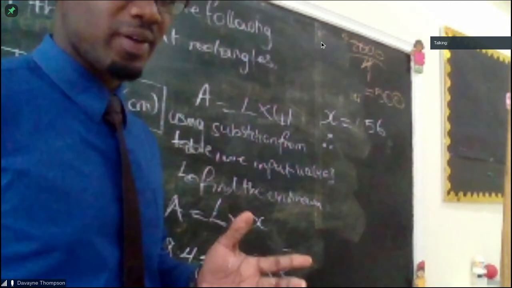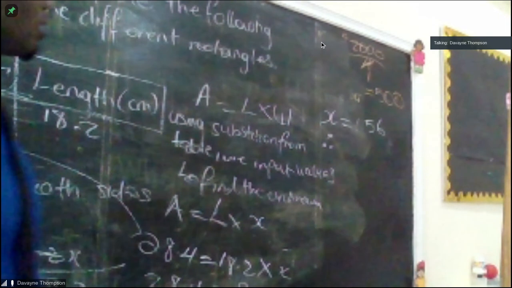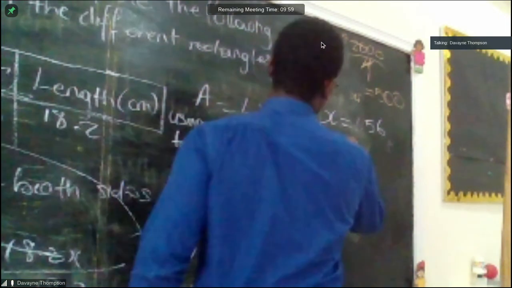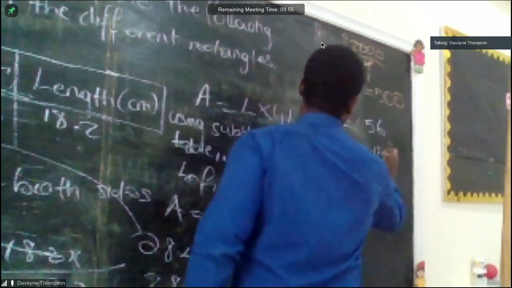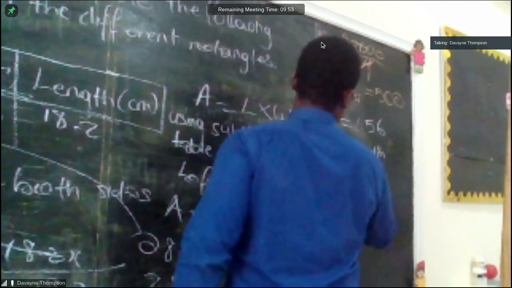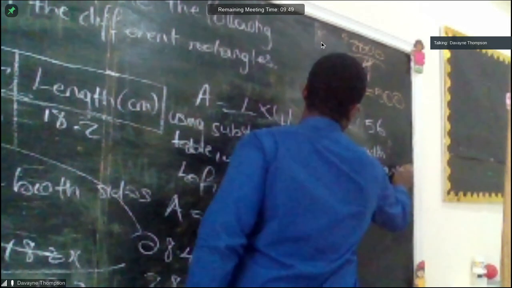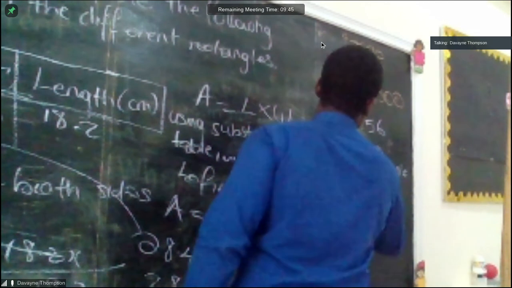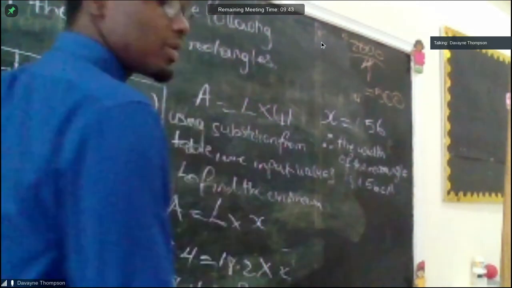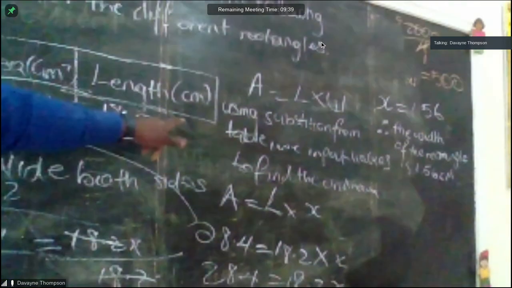Or am I forgetting something? Centimeters. Good. So therefore, the width of the rectangle is 1.56 centimeters.